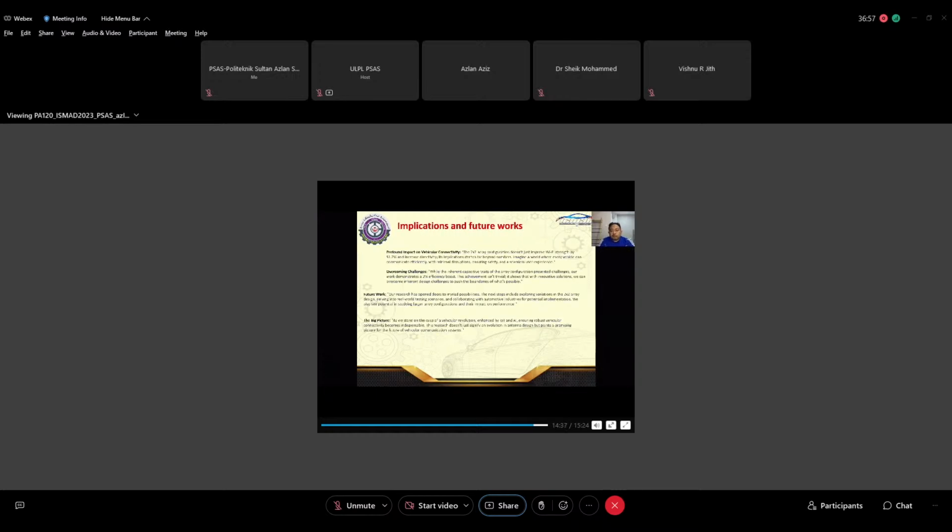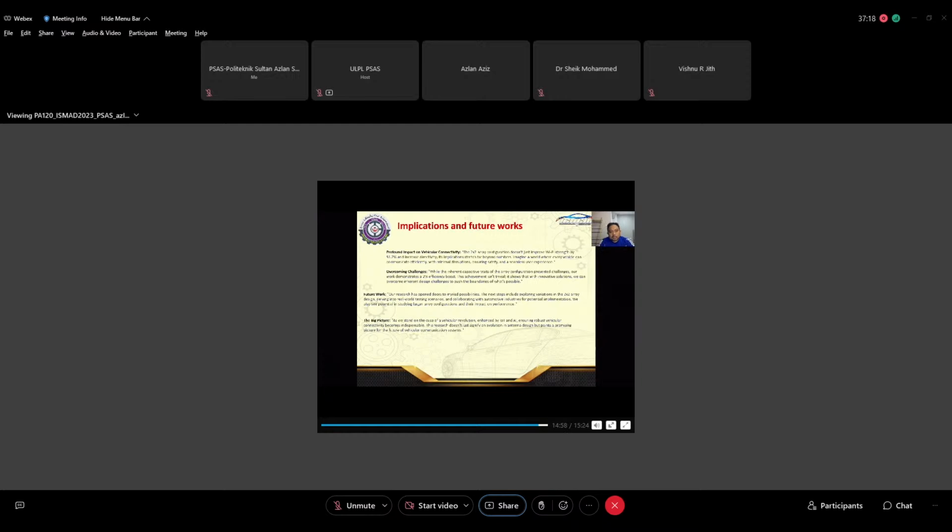And for the implications and future work, we expect a profound impact on vehicular connectivity, overcoming challenges. As the future work, our research has opened the door to a myriad of possibilities, and the next step is into the ventures of array antennas for vehicular use.